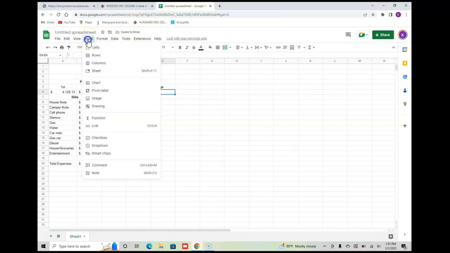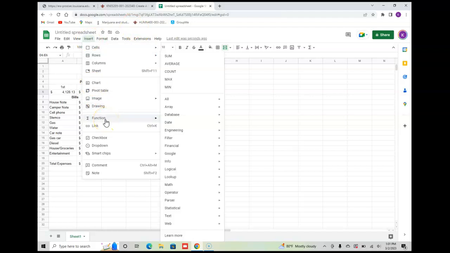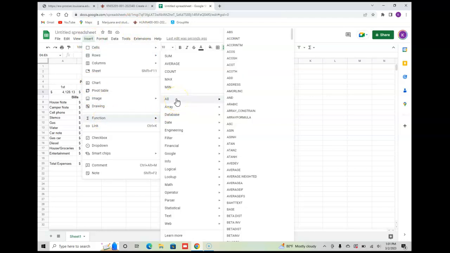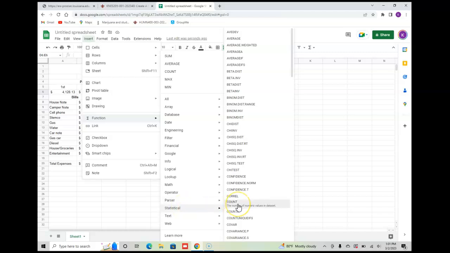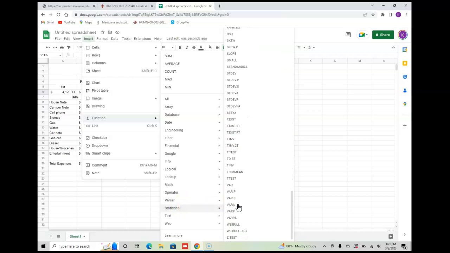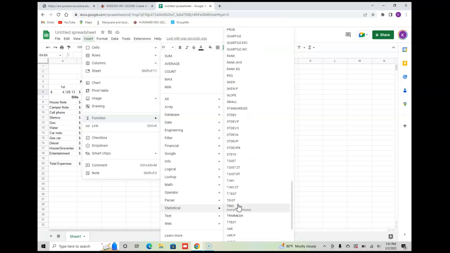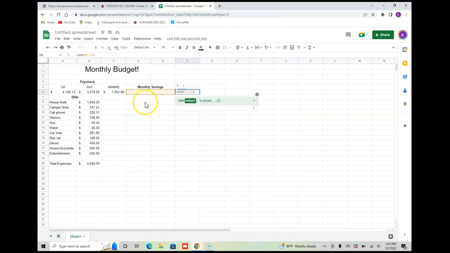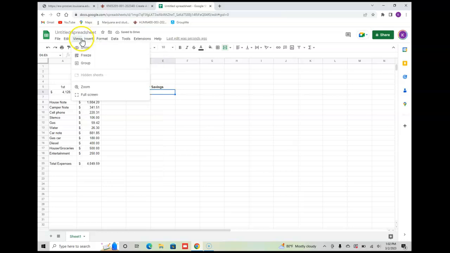Right here. Insert function. Let's see if there's. Okay. Let's just see what my sum. Oh, hang on. It's because I put these two together.